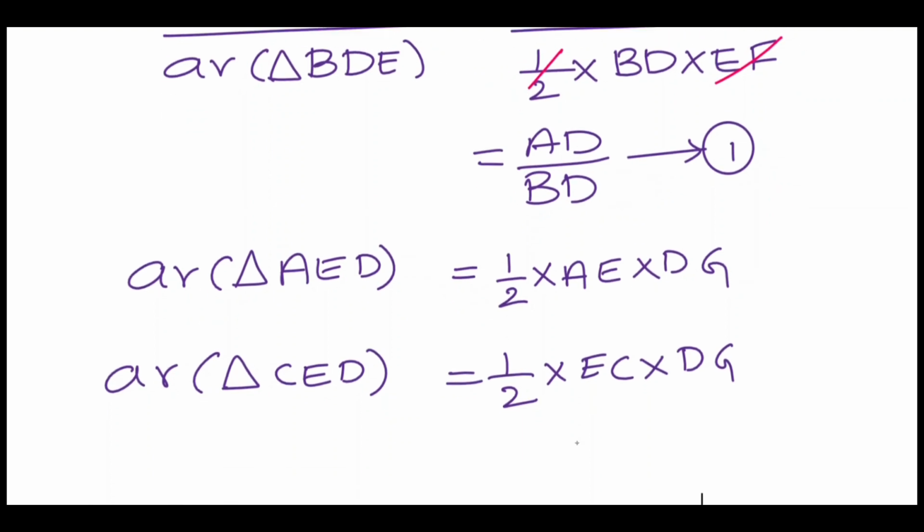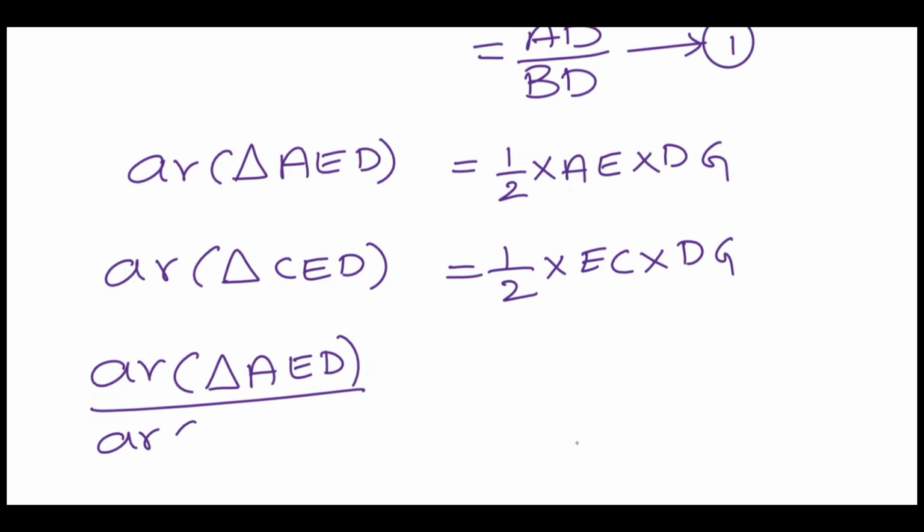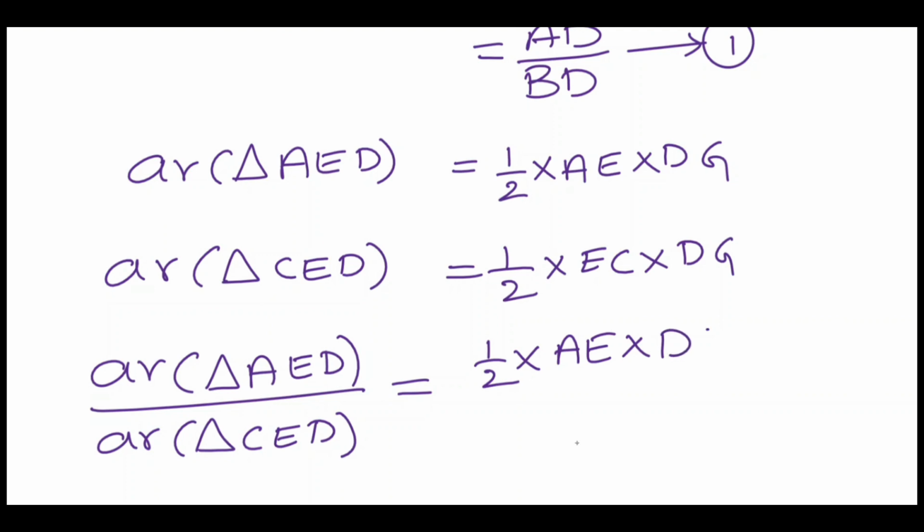Now take the ratio of these two triangles. Area of triangle AED divided by area of triangle CED is equal to 1 by 2 into AE into DG divided by 1 by 2 into EC into DG.